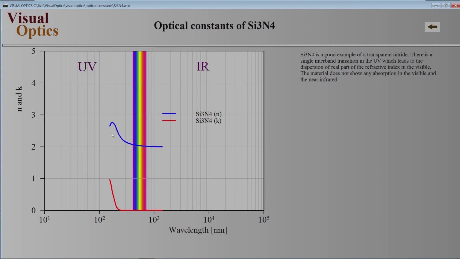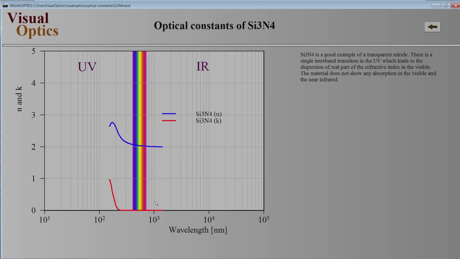Strong excitation means strong variation of N, but N also varies when K is 0 in the visible. We still have this normal dispersion, so the real part decays with increasing wavelengths very slowly, causing normal dispersion, much stronger than in glass now, also accompanied by a much higher refractive index in the visible.